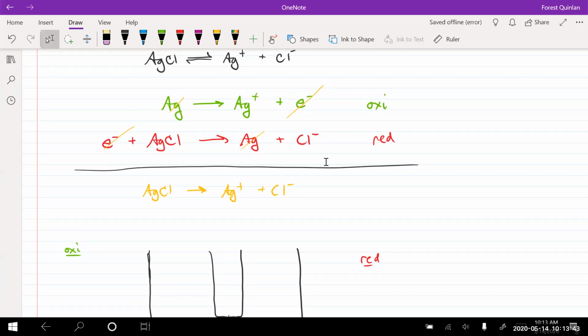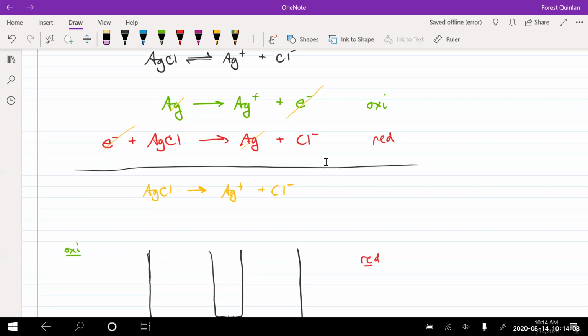So just so I pointed out, I keep calling this the silver chloride electrode. That's because we have the silver chloride electrode. That's how it gets its name. Now, in these types of electrodes, you will actually take a physical solid and force it to break apart by pumping electrons into it.